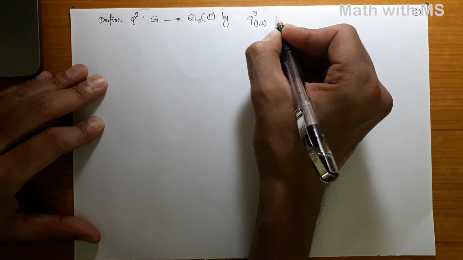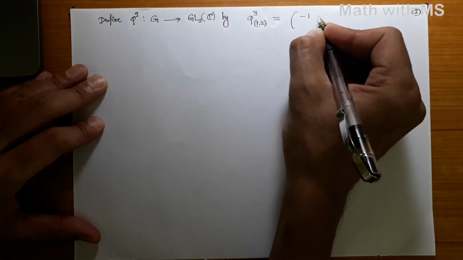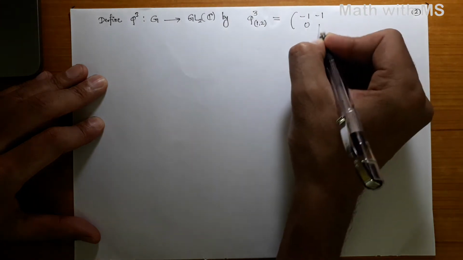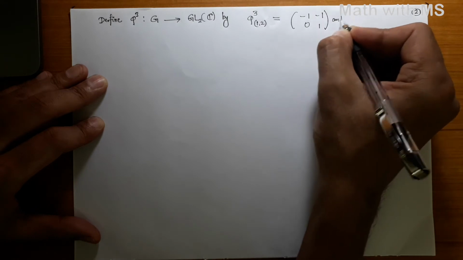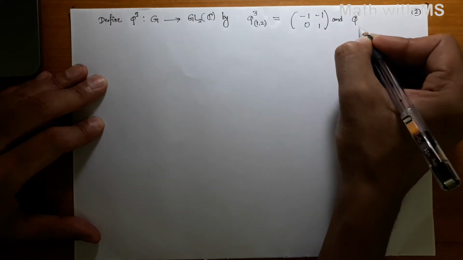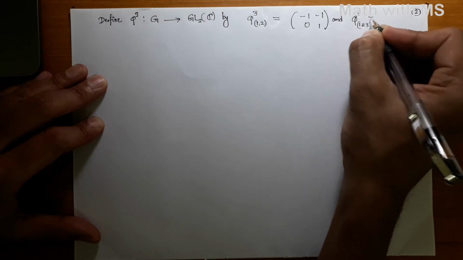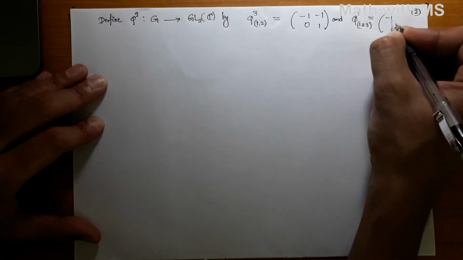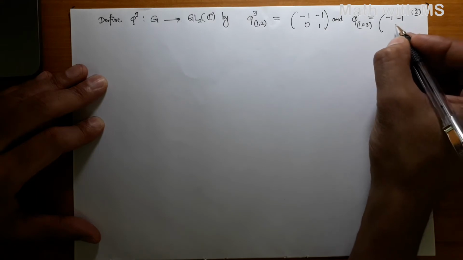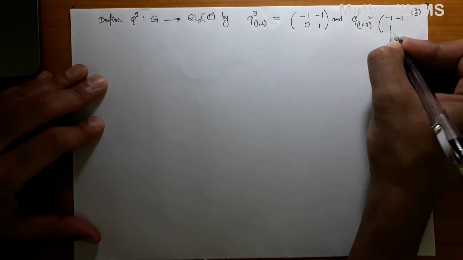So phi3 acting on the cycle 1 2 is the matrix -1 -1 0 1, and phi3 acting on 1 2 3 is the matrix -1 -1 1 0.